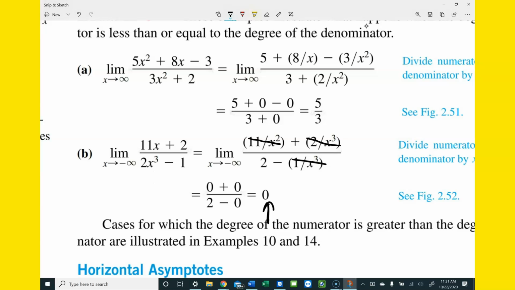Whenever the degree on the bottom is higher, the limit as x approaches infinity or negative infinity will always be 0. Okay, we've got two very simple rules so far, so you don't have to follow this procedure if you just know these two simple rules. If the degrees are the same, the limit will be the ratio of the leading coefficients. If the degree on the bottom is higher, the limit will be 0 every time.